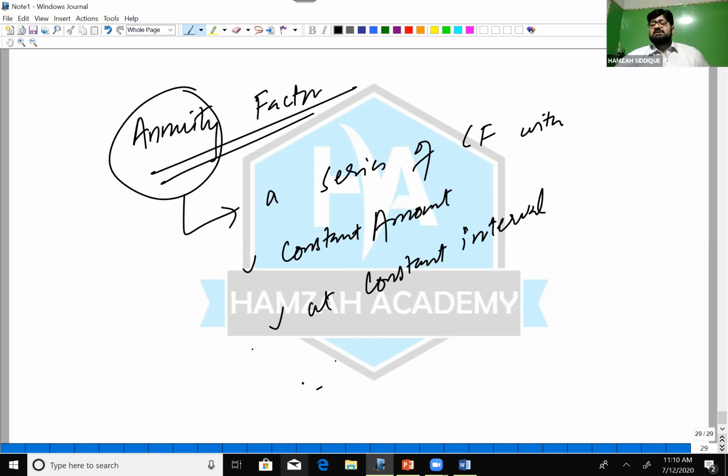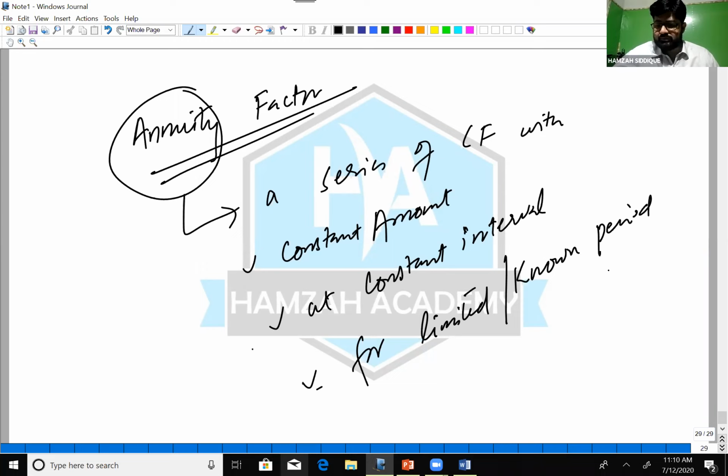And the third one is for a limited, known period of time. That is called an annuity.